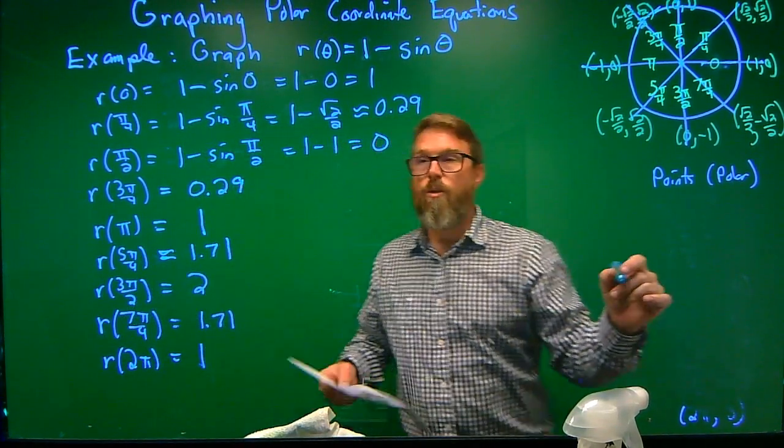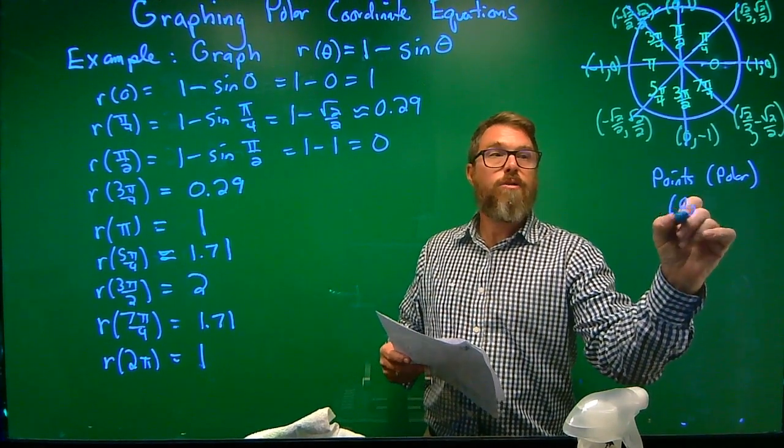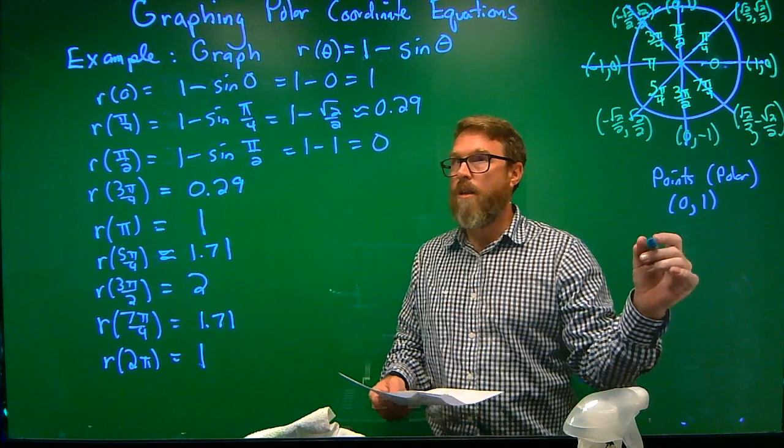So our points in polar form are going to look like this. So we have angle 0, distance along that angle is going to be 1.